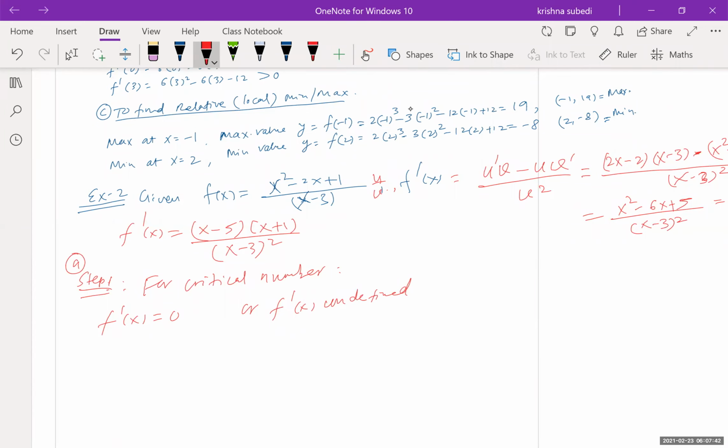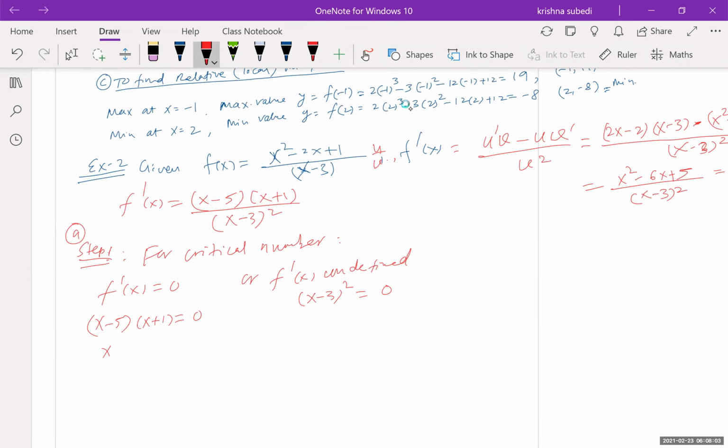So derivative 0 means, as we already know from our previous class, that we equal the numerator 0. So that means x minus 5, x plus 1 equal to 0. And to make this function undefined, then x minus 3 squared, the bottom part, is 0. If the bottom part is 0, the function will be undefined.